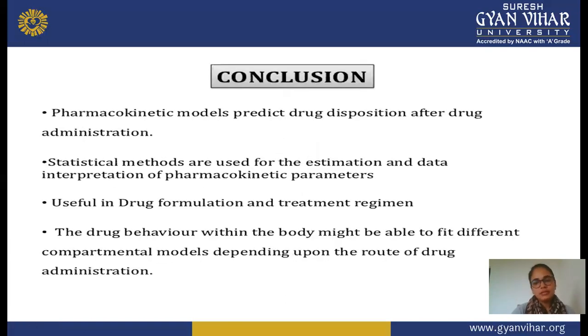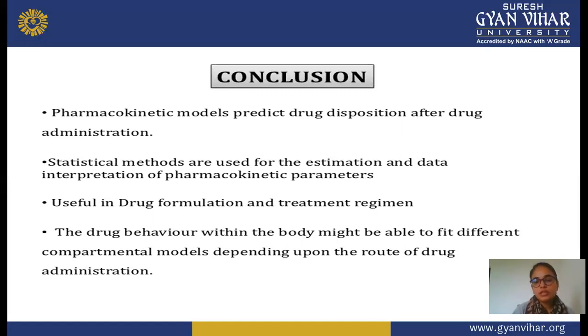Next, after completing this lecture, this is the conclusion part, what we should know about this lecture. Pharmacokinetic models predict drug disposition after drug administration, and statistical methods are used for estimation and interpretation of pharmacokinetic parameters. There are equations to calculate or interpret these data, for infusion as well as extravascular administration, and they are useful in drug formulation and treatment regimen, that is, for a particular disease, selecting a single dose or multiple doses, how many doses are required, or a particular formulation.